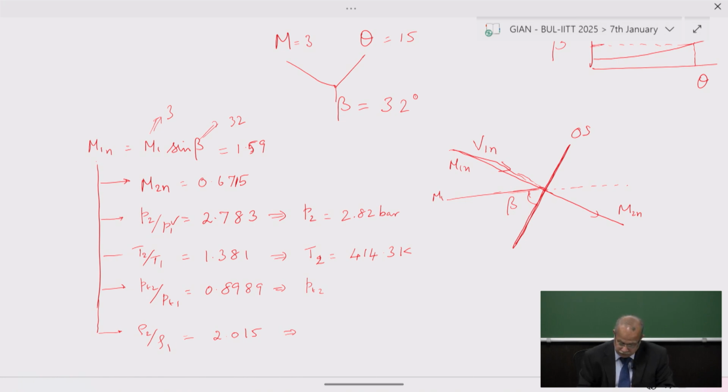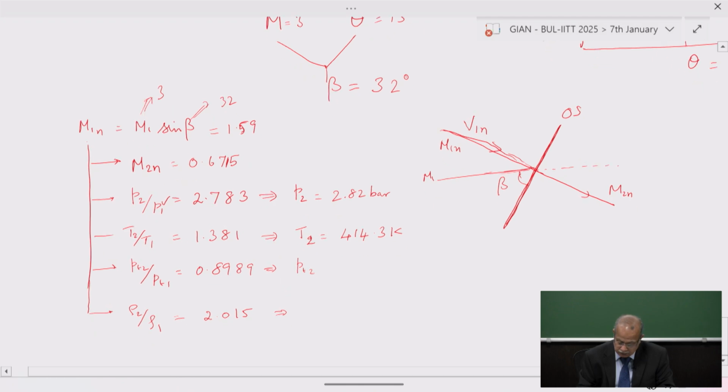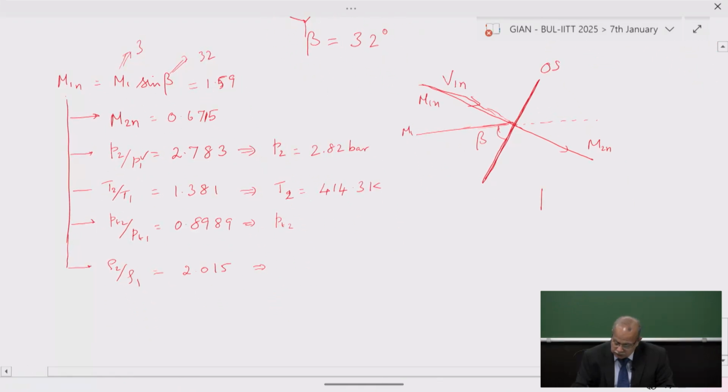Can you find PT2 by PT1? You can use this expression: PT1 by P1 is equal to 1 plus gamma minus 1 by 2 M1 square, power gamma by gamma minus 1. That will give us the value for PT1.